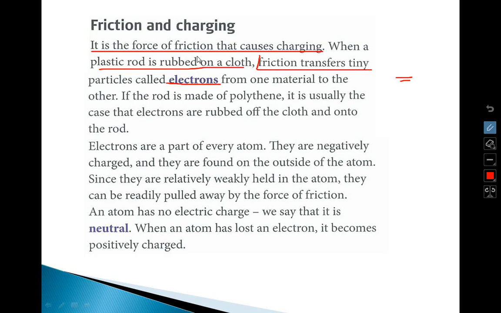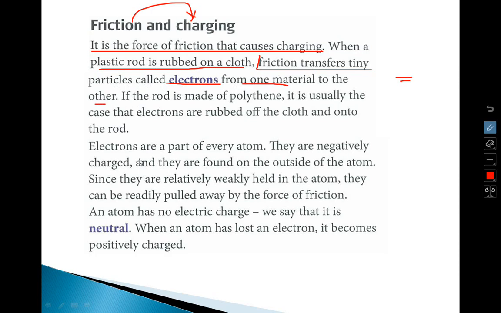It depends on the other material. So the force of friction causes charging by transferring tiny particles, electrons, from one material to the other.